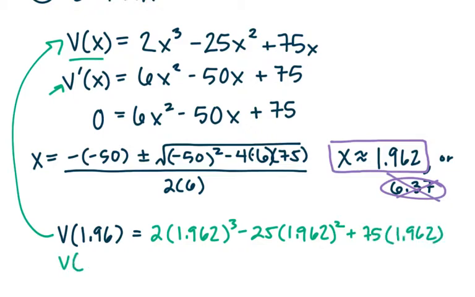And in this case, we get v of 1.962 is 66.019, and that would be inches cubed.